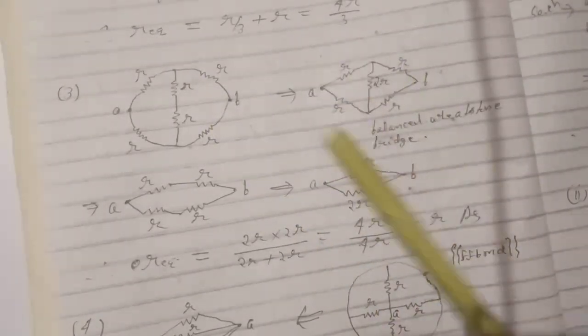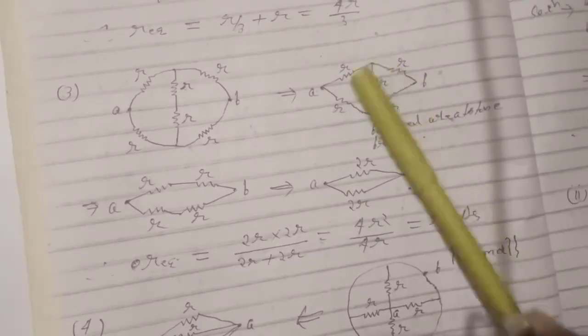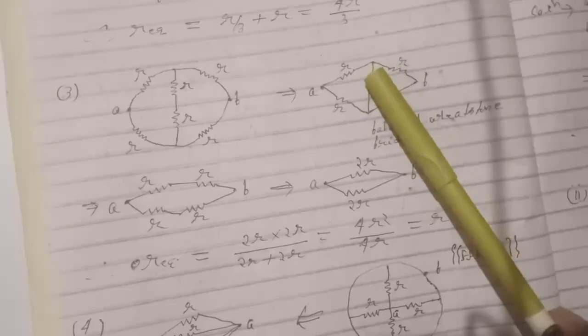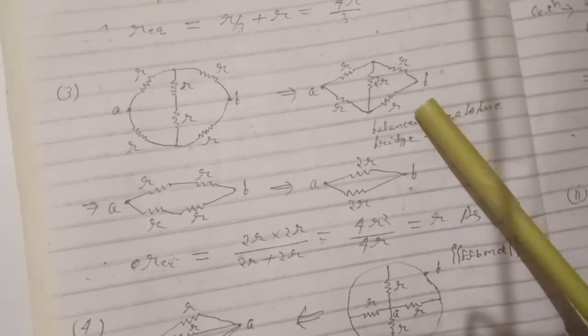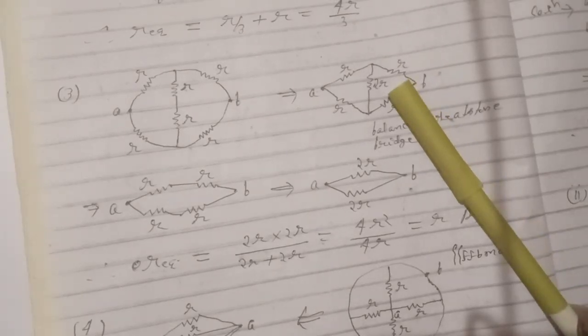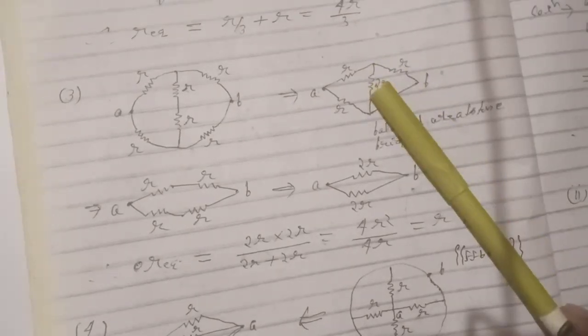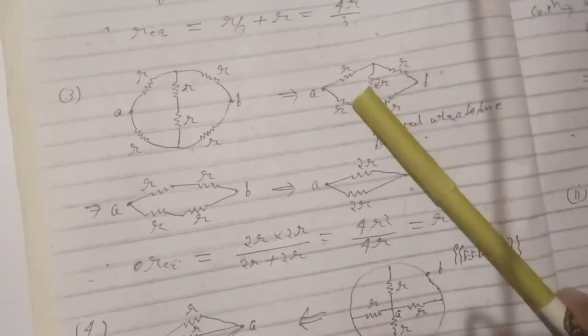And this is the case of a balanced Wheatstone bridge. So this resistor can be removed. We will discuss the balanced Wheatstone bridge in the next class.